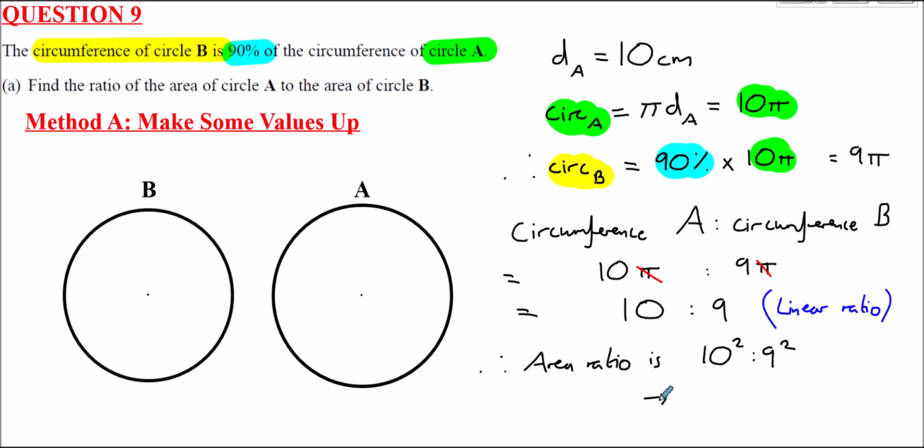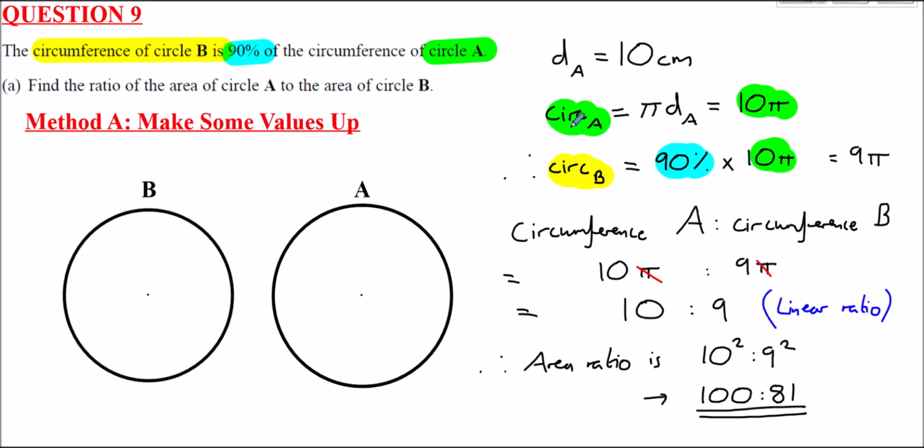And that's going to be 100 to 81. The ratio of the area of circle A to the area of circle B is going to be 100 to 81.